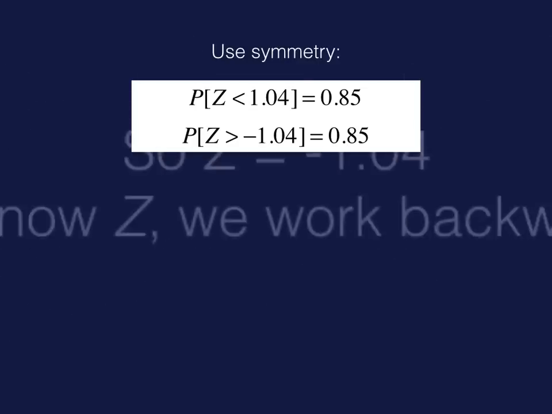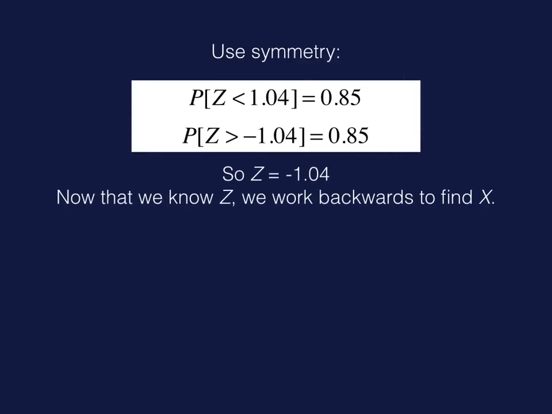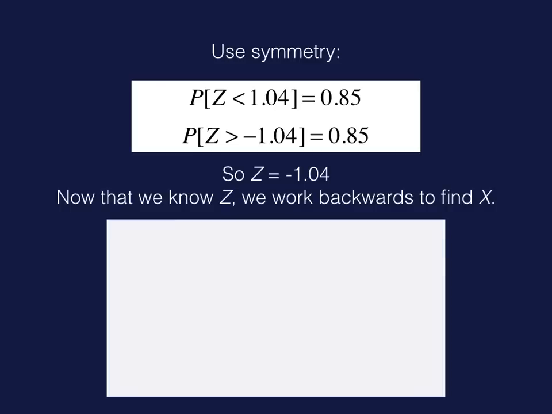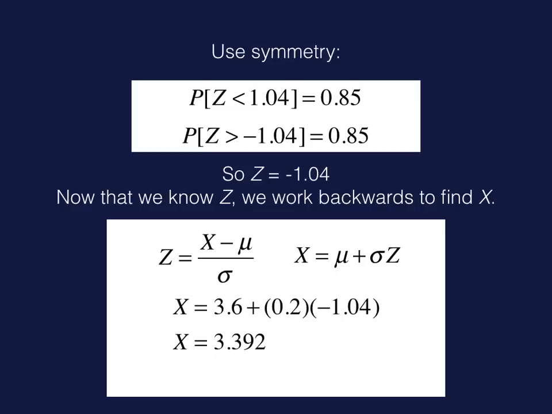Now that I know that z is negative 1.04, I'm going to work backwards to find x. This is the formula: if I plug in an x, it gives me a z. If you do a little algebra and solve that for x, we get this. Plug in the mean, the SD, and z, and x equals 3.392.